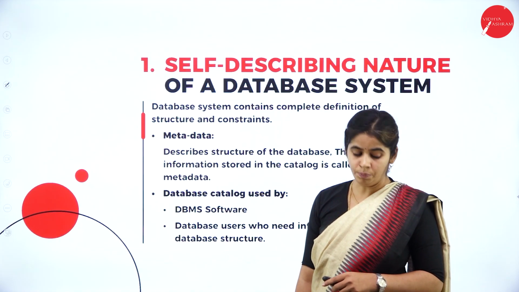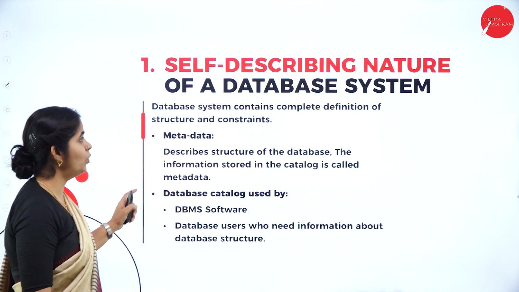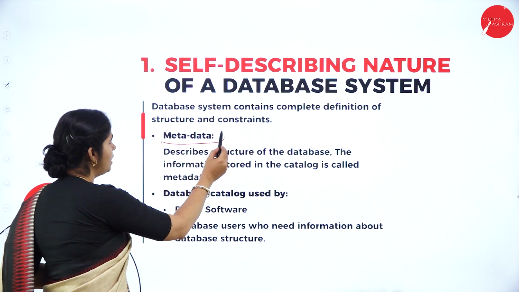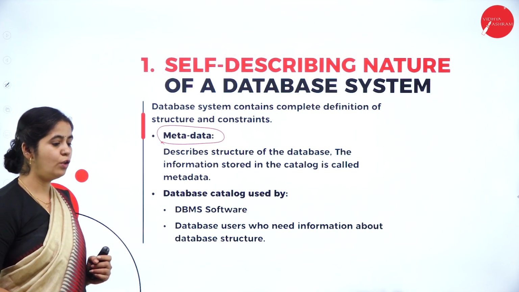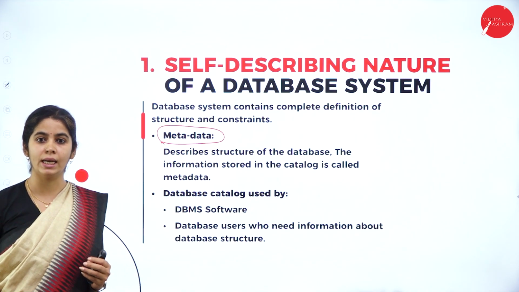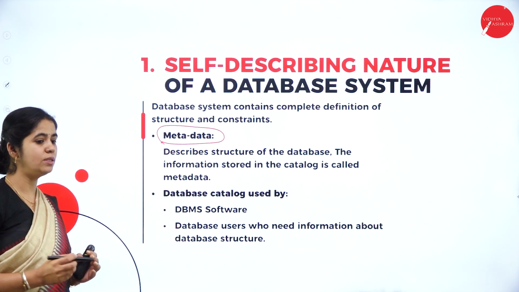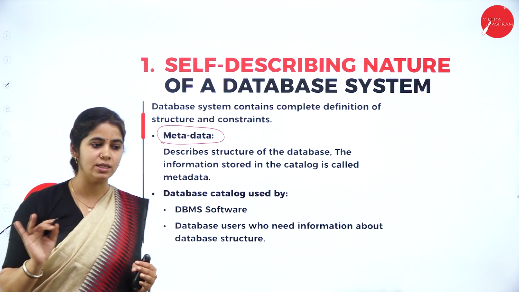Let's see one by one. Self-describing nature of the database system. What do you mean by self-describing nature? Here, it will describe itself in the form of metadata. For example, if you want to store the student name with the marks, how will you store it? The system cannot understand that the student name is XYZ.